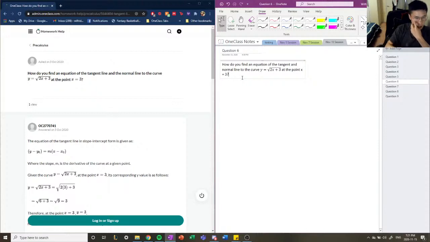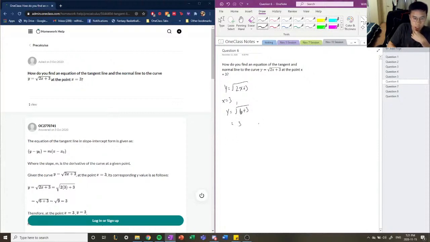So first of all, let's calculate the y value of the curve at x equals 3, okay? So let's write down the original equation here, root 2x plus 3. So let's plug in point x equals 3, okay? x equals 3 and y equals root of 3 times 2 is 6 plus 3, and that equals root of 9, which equals 3.